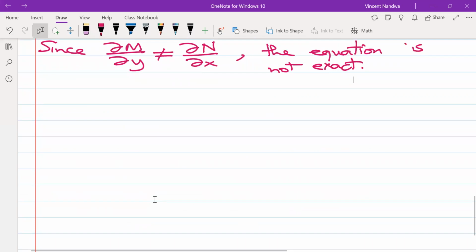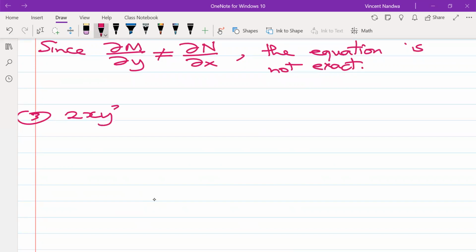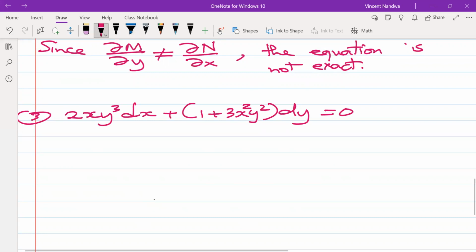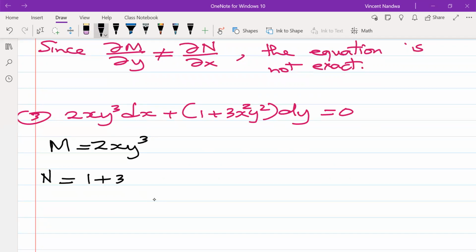Number 3, we have 2x y cubed dx plus 1 plus 3x squared y squared dy equals 0. Here, our M is given by 2x y cubed, and our N is 1 plus 3x squared y squared. Now from M we get partial M partial y.